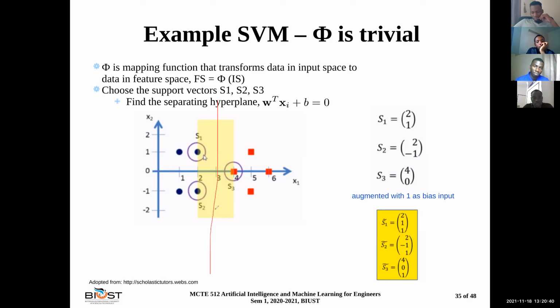Meaning to say, when you plot the data into the input space, that same space is where you are going to classify them. You don't need to bring it to another feature space. This is the input space, and this is where we're going to classify them as well. So your phi is trivial because your input space is equal to your feature space.